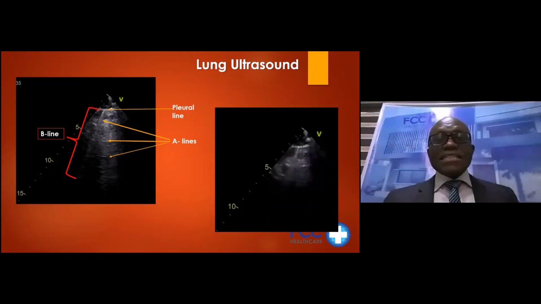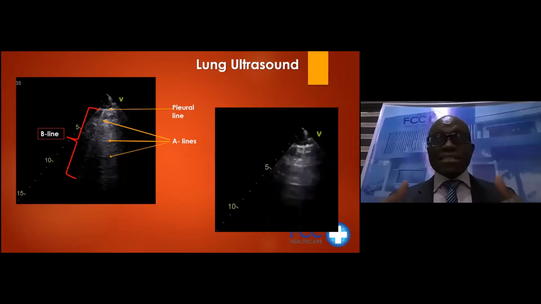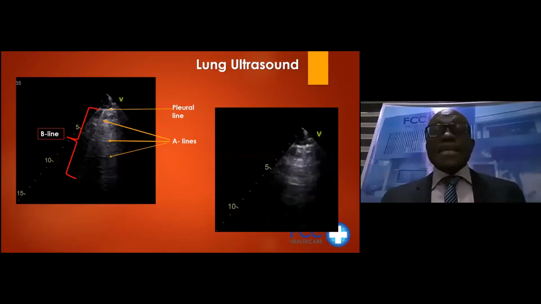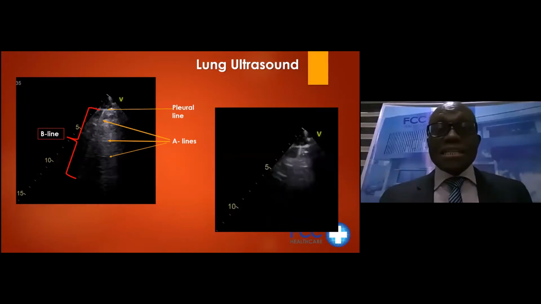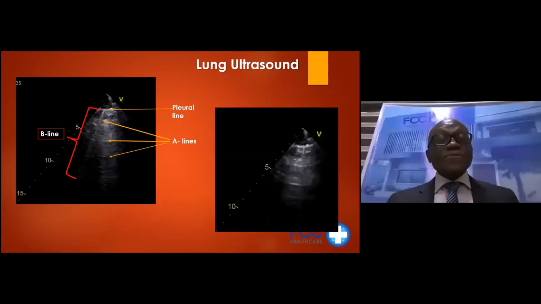Note that this line above, which is really what is creating these other shadows here, is moving side to side. So that's what we call the sliding of the pleura, and it is caused by the sliding of the visceral pleura as the lung moves against the stationary parietal pleura. And there's only one B line here that is just moving back and forth, and this represents a normal person.